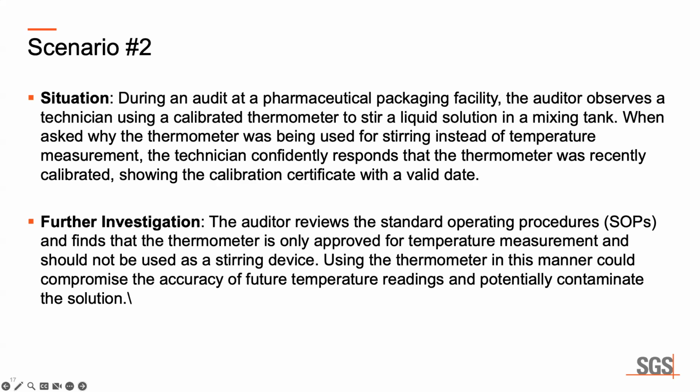The auditor reviews the standard operating procedure and finds that the thermometer is only approved for temperature measurement and should not be used as a stirring device. Using the thermometer in this manner could compromise the accuracy of future temperature readings and potentially contaminate the solution provided it breaks. Is this situation a nonconformance?